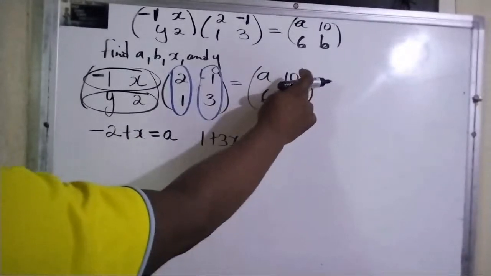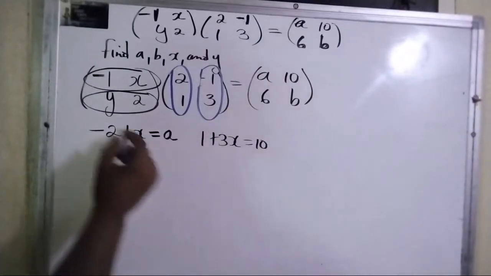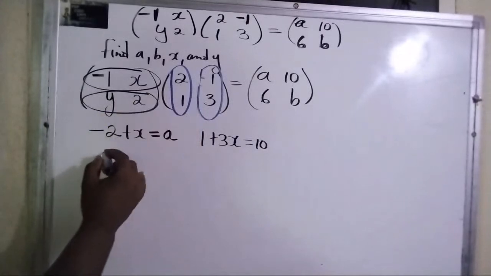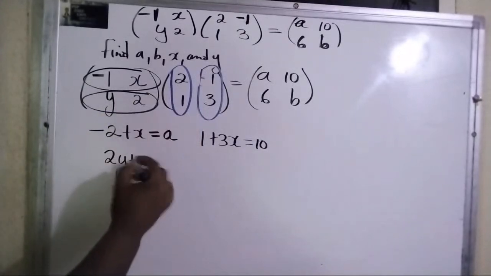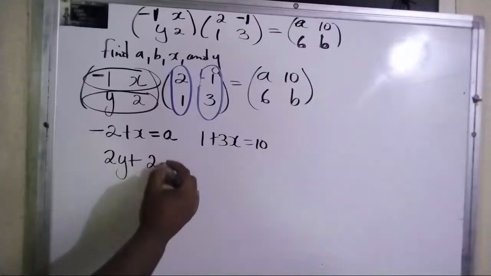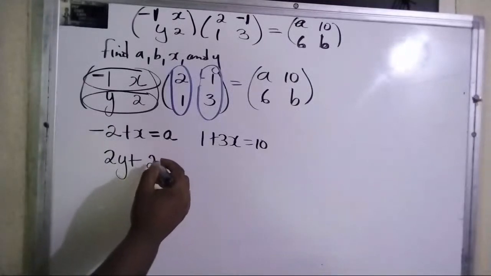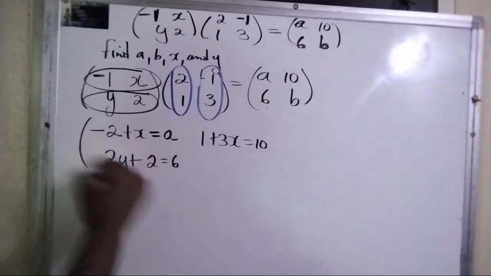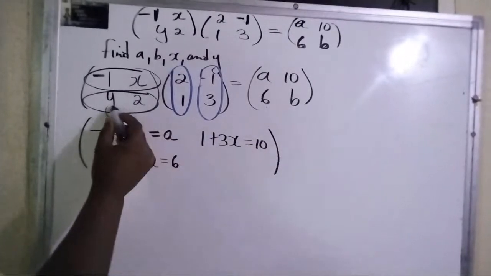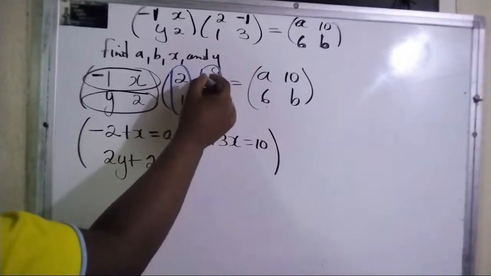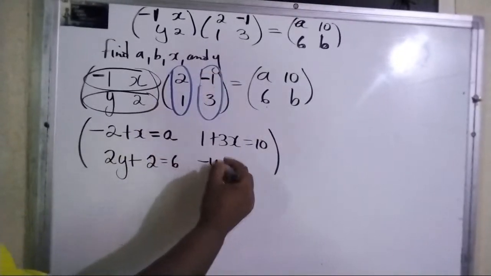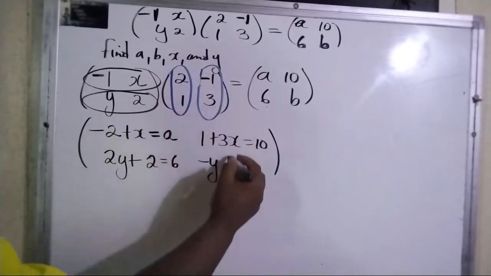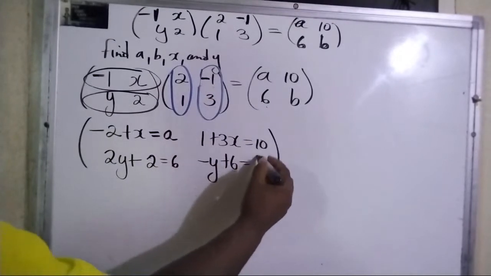Because see, that's the same position. And then y times 2, that's 2y. 2 times 1 is equal to 2. And then now we equate that to 6. So easy, guys. And then y times negative 1, that's negative y, and 2 times 3 is 6, and that is equal to b.